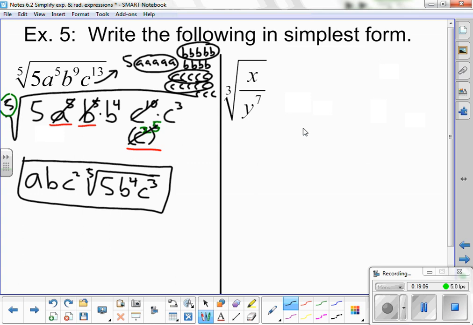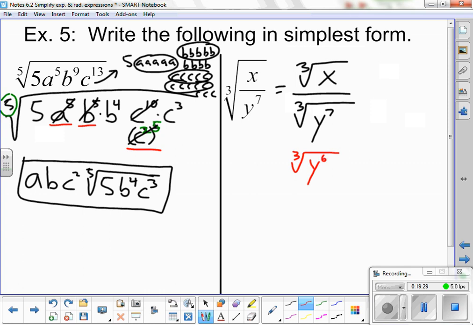Okay, so cube root of x over cube root of y to the 7th. Now I'm going to simplify the bottom part before I start trying to rationalize it. Y to the 7th. So let me do this in red. This can be the cube root of y to the 6th times y to the 1st, because remember I want a multiple of 3.